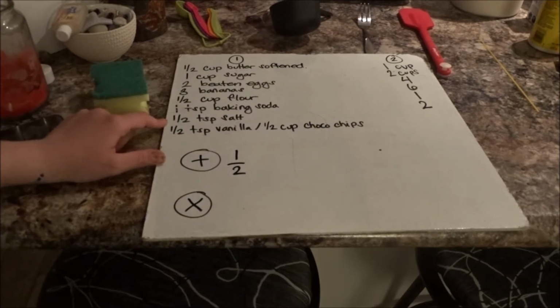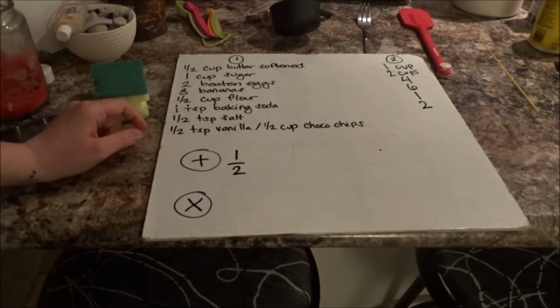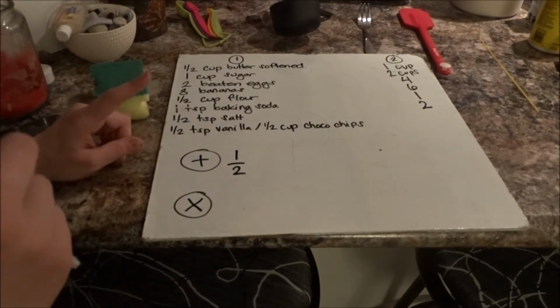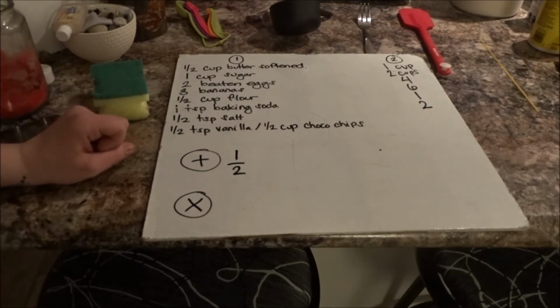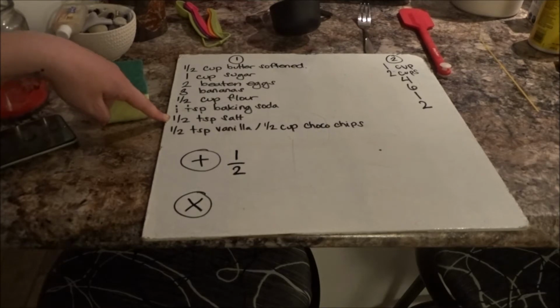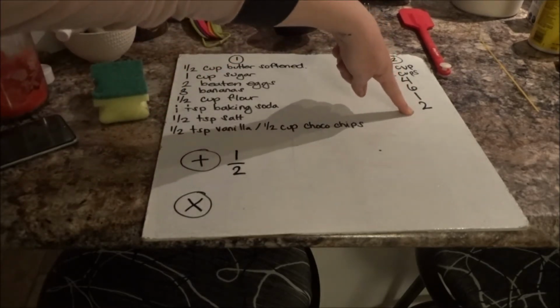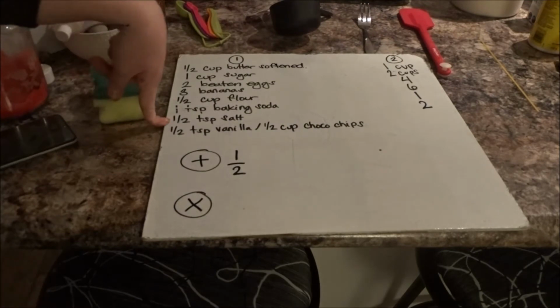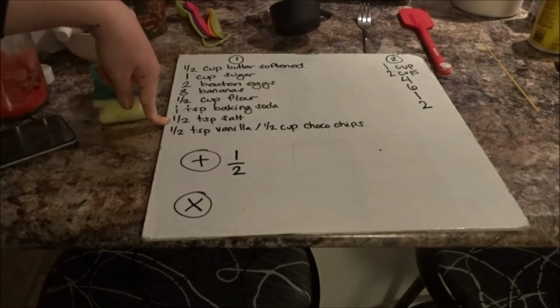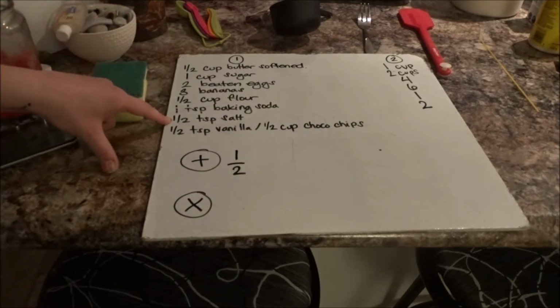Now we've done the half one a whole bunch of times, so I am going to challenge you to pause this video now and see if you can figure out what the total amount of salt that we need for our recipe is going to be if we're going to double it. So that's half a teaspoon.